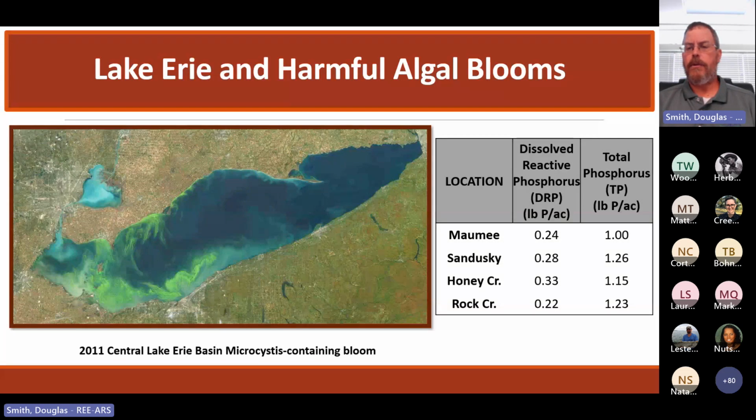It doesn't take much phosphorus entering Lake Erie to cause these algal blooms. In terms of total phosphorus, it's only about 1 to 1.25 pounds of phosphorus per acre per year entering that is causing these large algal blooms. Back in the 80s, when no-till was in its infancy, we assumed that if we stopped the sediment by reducing erosion, we would stop the phosphorus.